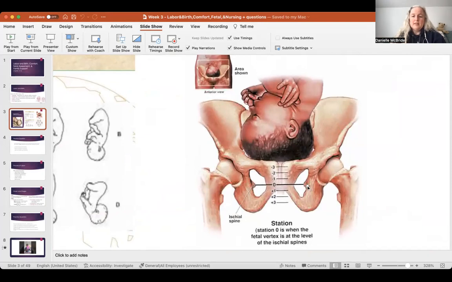We call this 0 station when the bones of the baby's head are engaged in this spot. If the baby's higher than that inside mom, those are minuses. If it's pluses, then the baby's closer to coming out of the birth canal. So we hear station when we say mom is 3 80 and -2. -2 is the station.